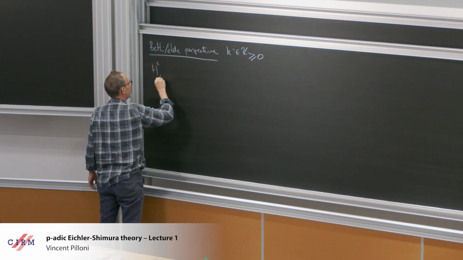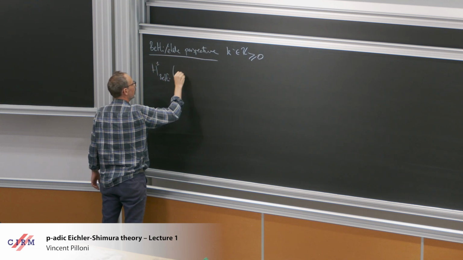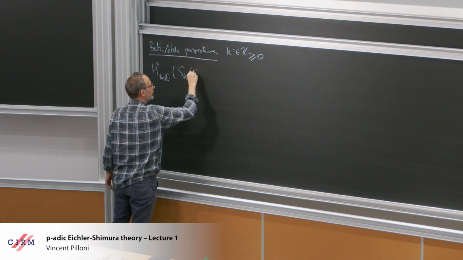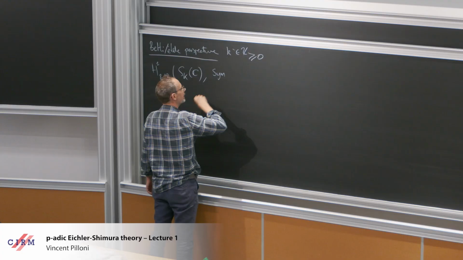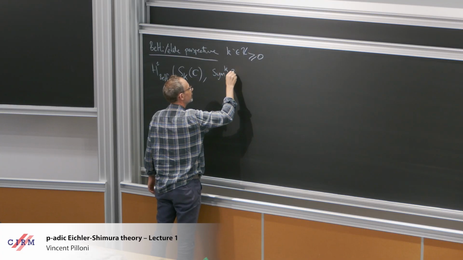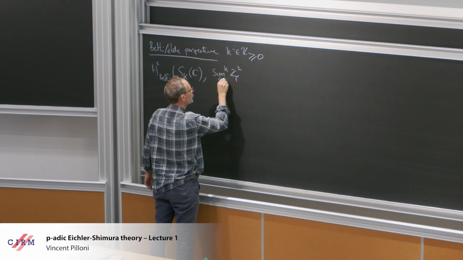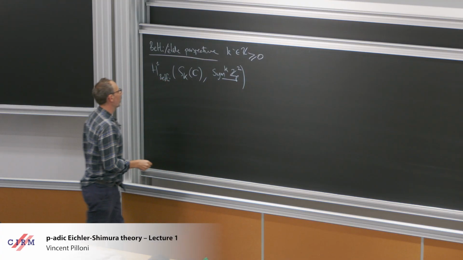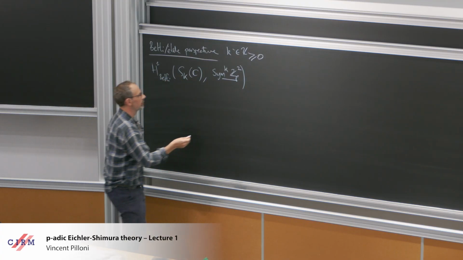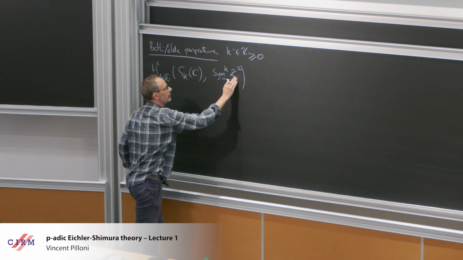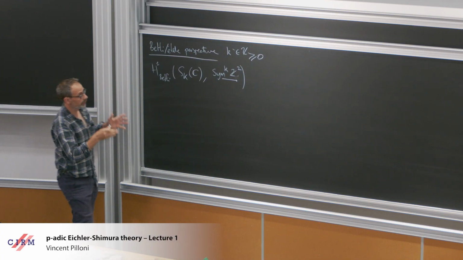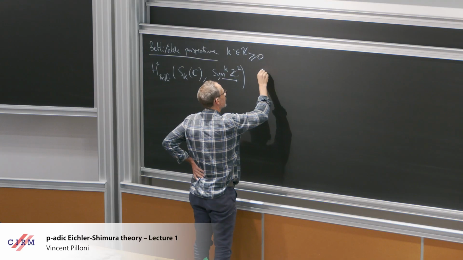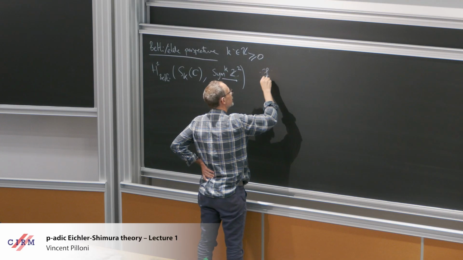I can consider the H^1 Betti of the C-points of my modular curves with values in some local system, which is Sym^k of the Tate module. I can do this even over Z, so Sym^k of the relative homology. That's a finite type Z-module.